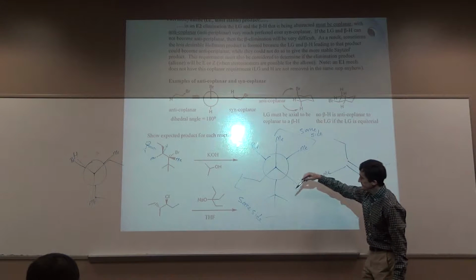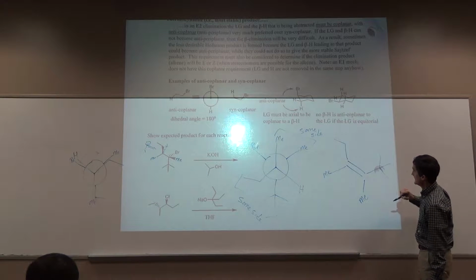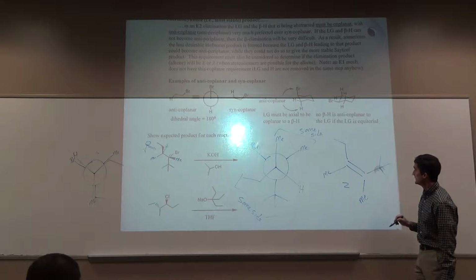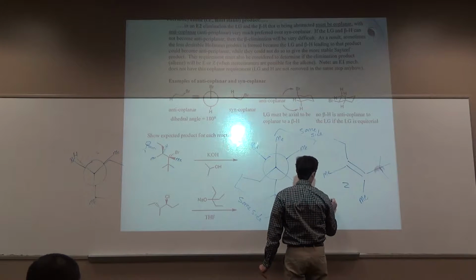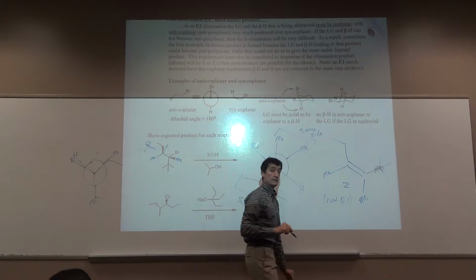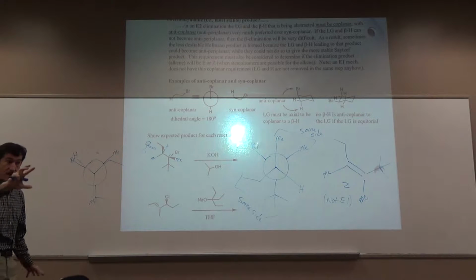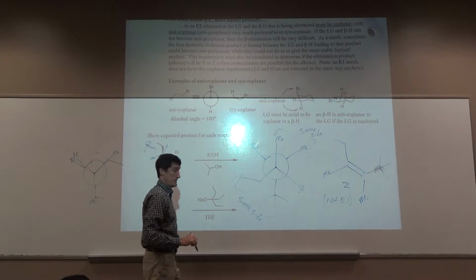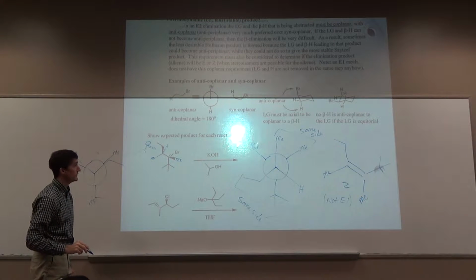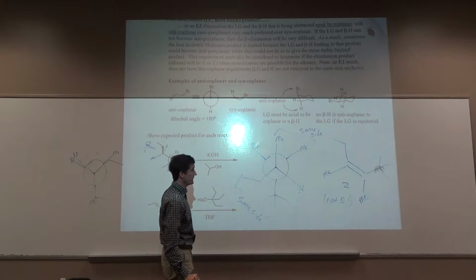Actually, because the t-butyl and the ethyl are on the same side, this is actually Z. Those are the two big groups. And we do not get E. E would actually be the more stable product, with the big groups being opposite, right? We don't get that because what rules here, what's more important, is the H and the bromine being anti-coplanar.